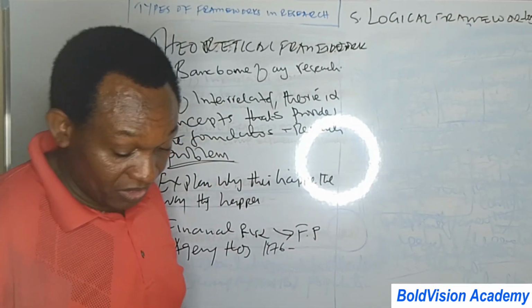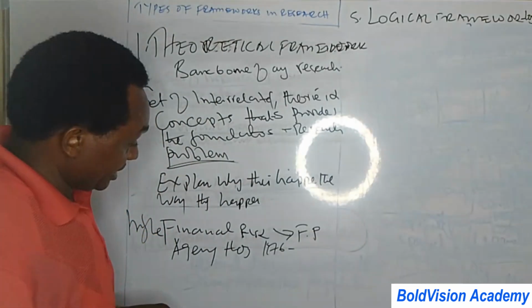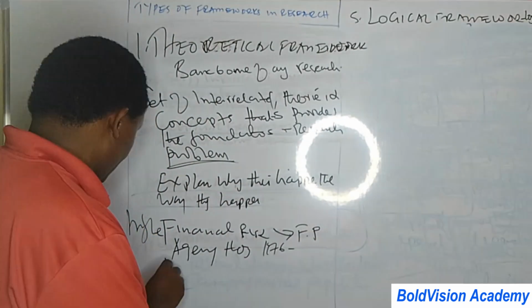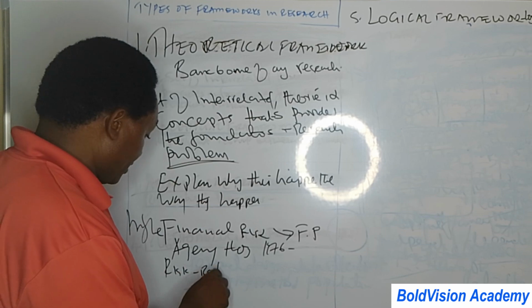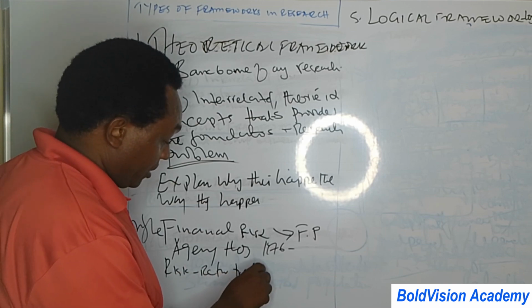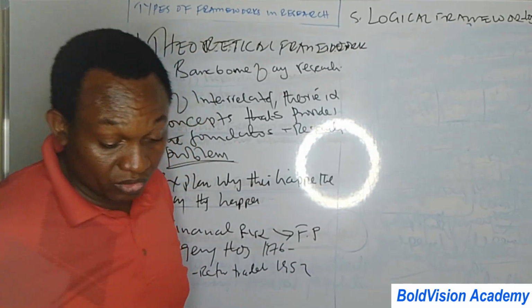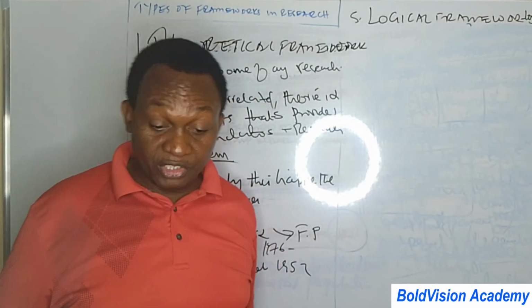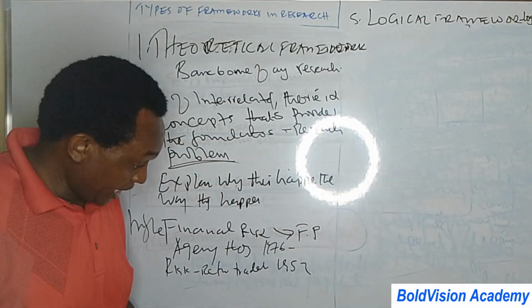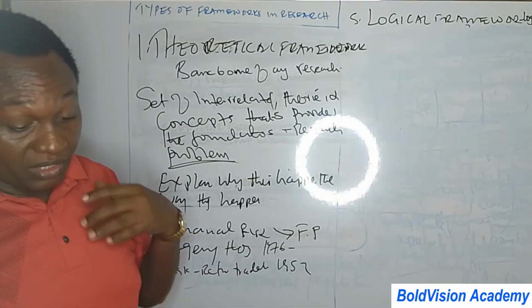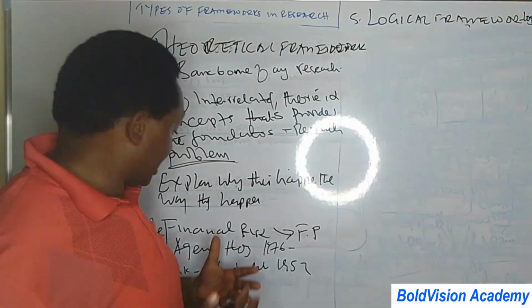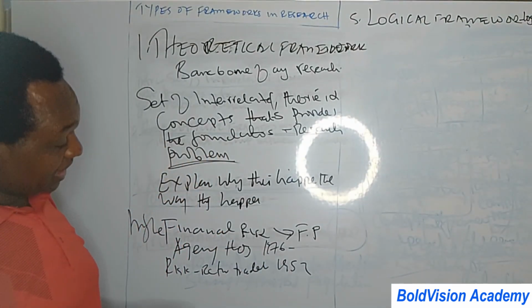We can also have the risk-return trade-off theory, by Markowitz in 1952. This theory tries to explain that if you take a higher risk, you might get a higher return.